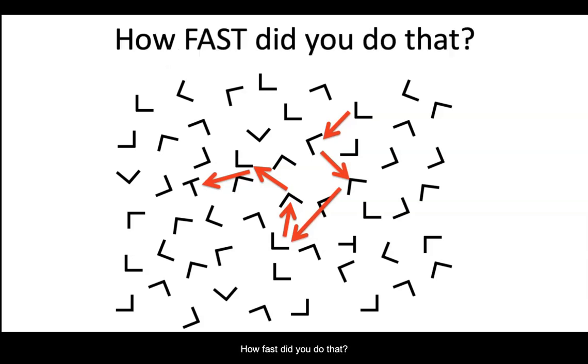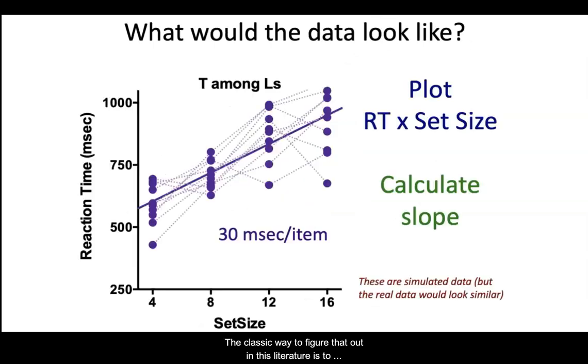How fast did you do that? The classic way to figure that out in this literature is to measure reaction time, the amount of time it takes you to say yes, it's present, or no, it's not, as a function of the set size, the number of items on the screen. And what you would find here is that for a task like these T's among L's, it would take you perhaps 30 milliseconds an item for each additional item.